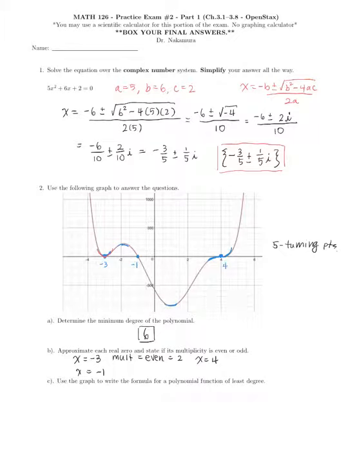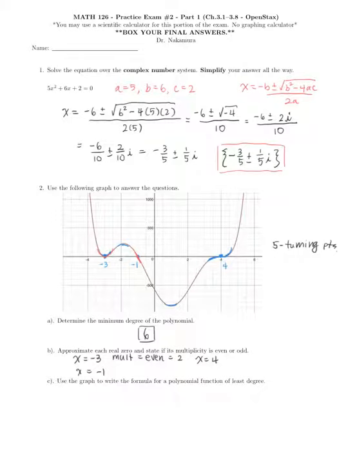Now let's go with x equals negative 1. Notice that around x equals negative 1, the graph is just crossing directly through. If you look at it closely, that almost looks like a straight line going through. So the degree of that is going to be 1, and in your textbook it says single zero.